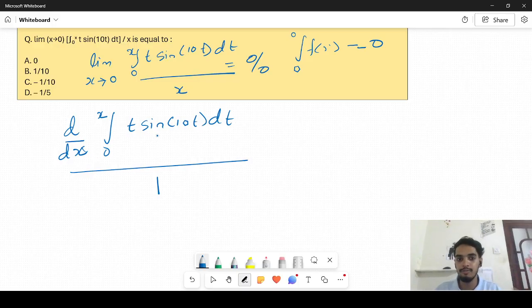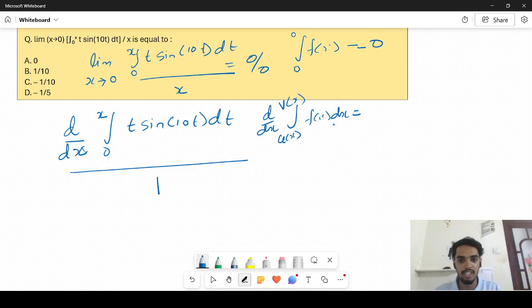We know that if we have the integral from u of x to v of x of f of x dx, what will be the differentiation d by dx?